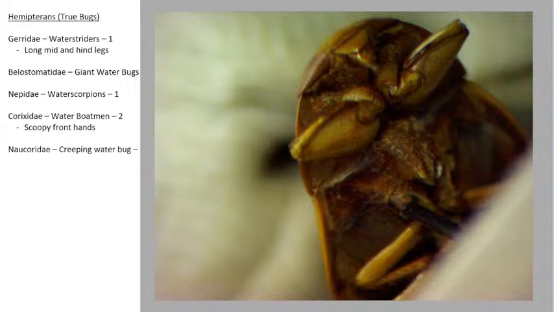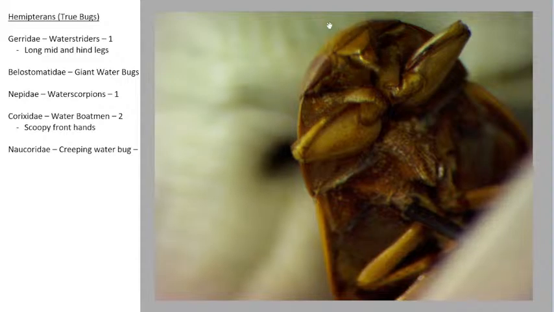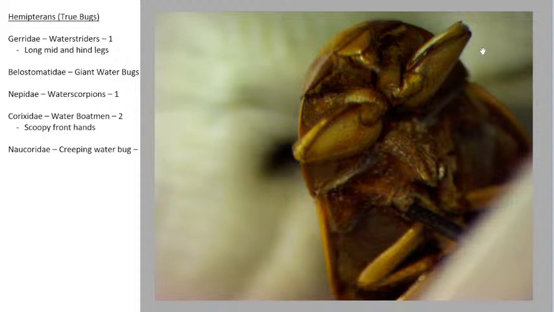You'll notice that it does have that sharp beak, that super sharp mouthpiece that it can use to pierce and drink from predators or prey, or both. It does have those raptorial front legs, the ability to grab onto things. But you'll notice that the femurs on these guys' legs are huge.